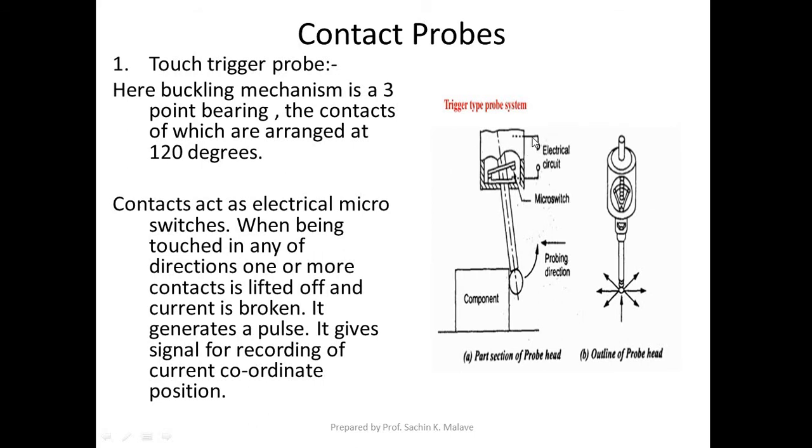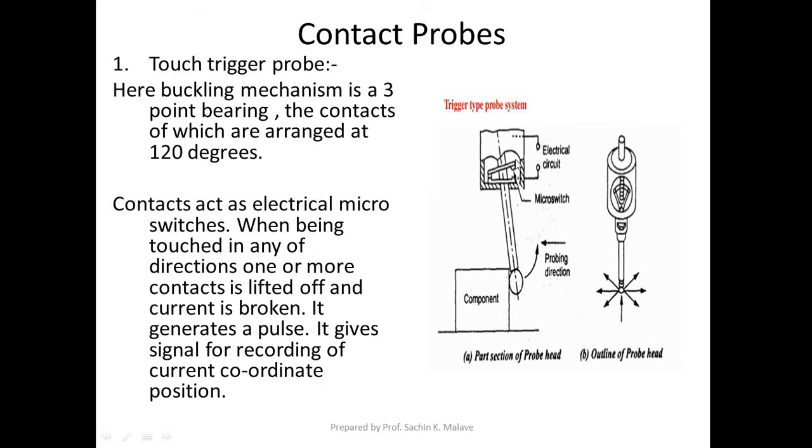Okay, the electrical current is continuously flowing when there is no contact between the workpiece and the probe head. But when there is contact between the head of the probe and the workpiece, this electrical switch, the contact, gets lifted off.